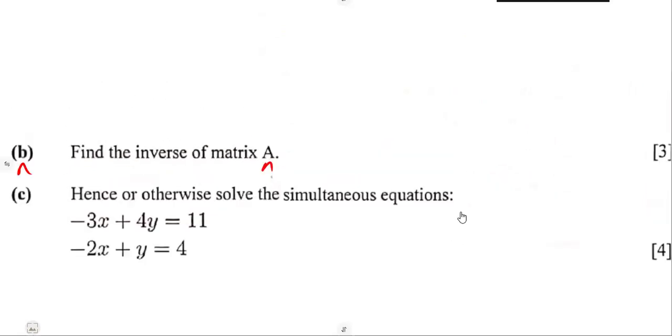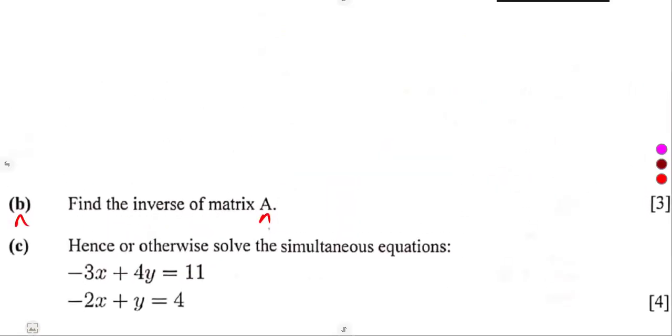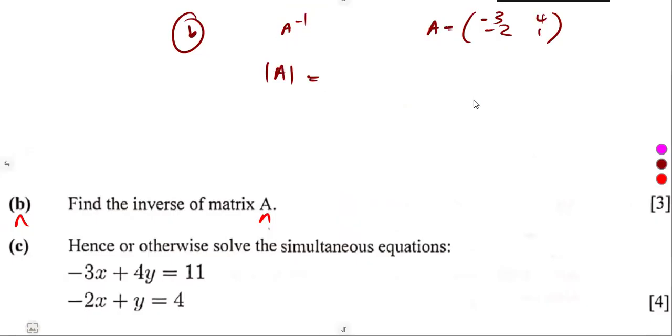So as we had our matrix A, we need its inverse, the inverse of A. The matrix A, remember, it was given as -3, -2, 4, 1. So for us to have the inverse of A, we must have the determinant of A first, which, in the order of the matrix a, b, c, d, we can calculate from the formula ad minus bc, the product.